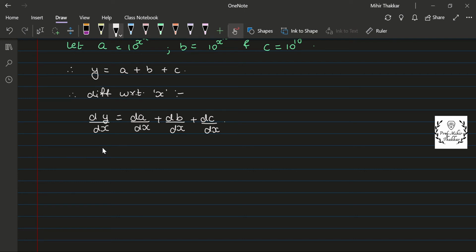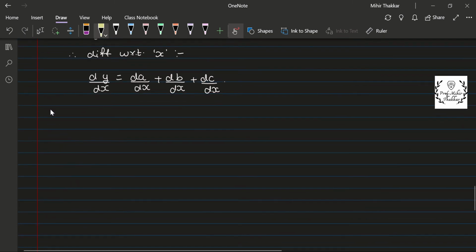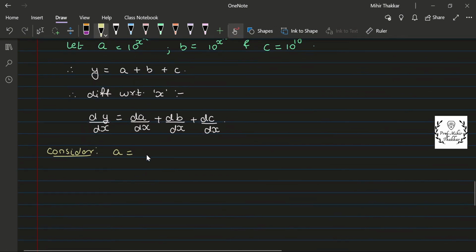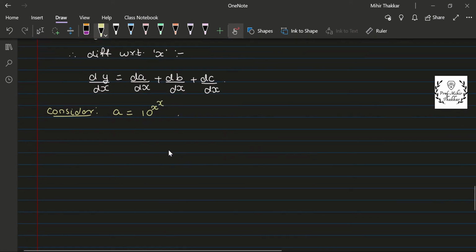So let us start with considering the value for a. We will say over here, consider a is equal to 10 raised to x raised to x, and now because we can see that it is a function raised to a variable, obviously we have to take log on both the sides.